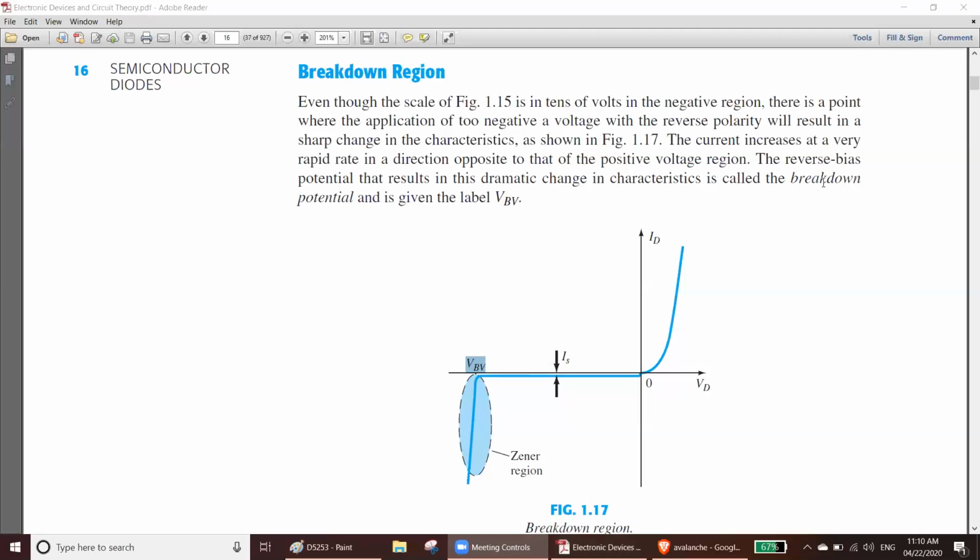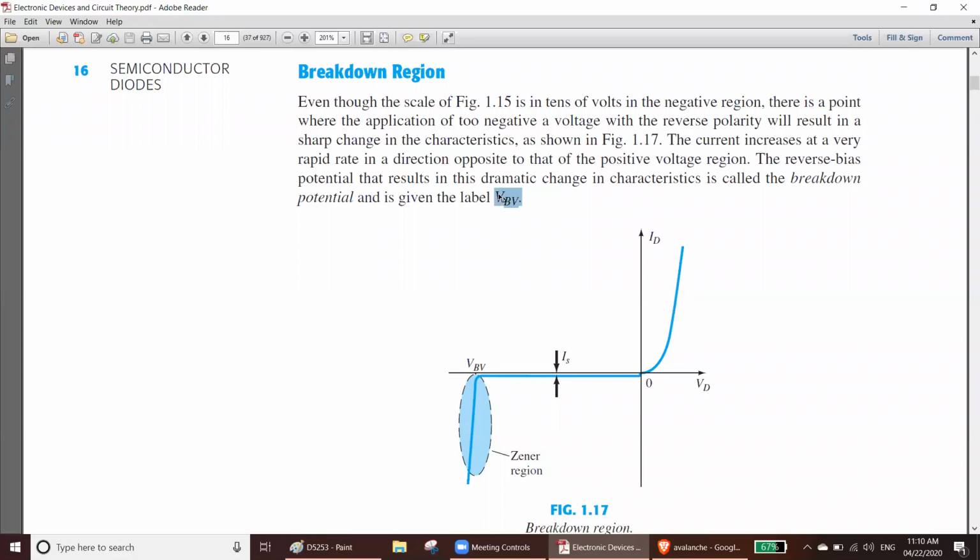Okay. This is called breakdown potential or the breakdown voltage, and it is given as VBV. Remember, whatever voltage you are using, you need to apply less than that. That means if the highest voltage you can get is 50 volt, you need to buy a diode that has a higher breakdown voltage than that.